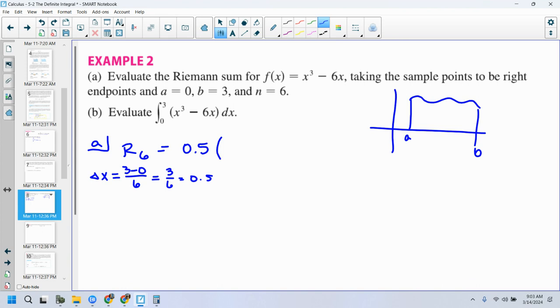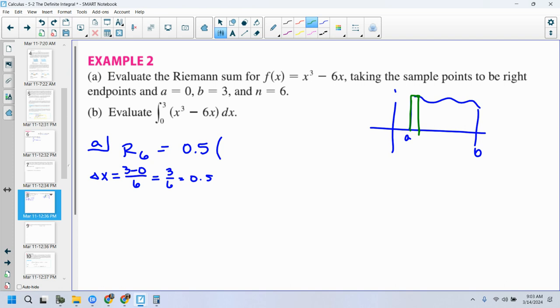If I want to find that first rectangle, and I want to use right endpoints, where am I going to go? No. I'm going to take the end of that interval, push it up there, and that's the y value that I'm using. Wherever the rest of it ends up, that's the right endpoint.